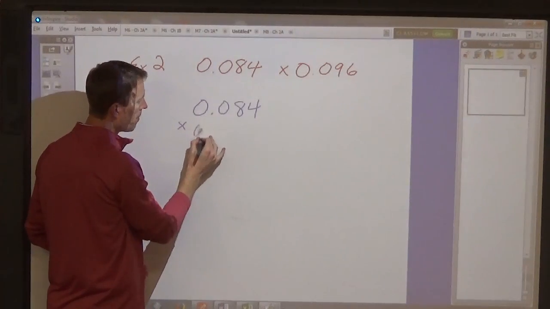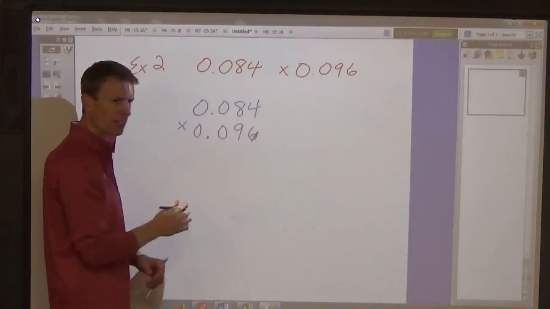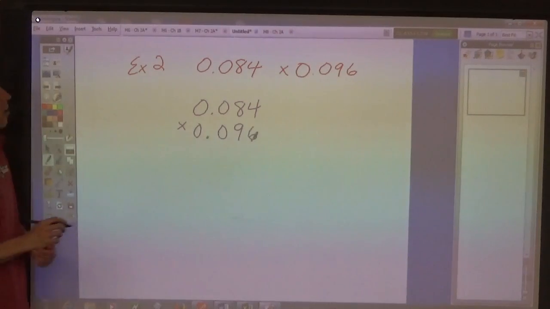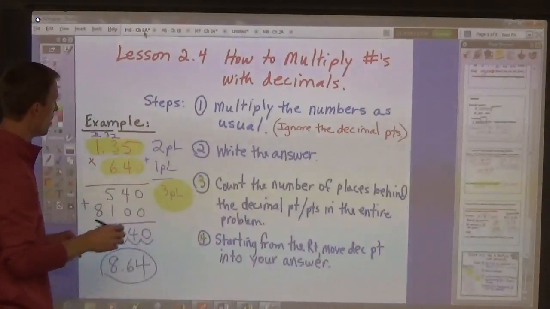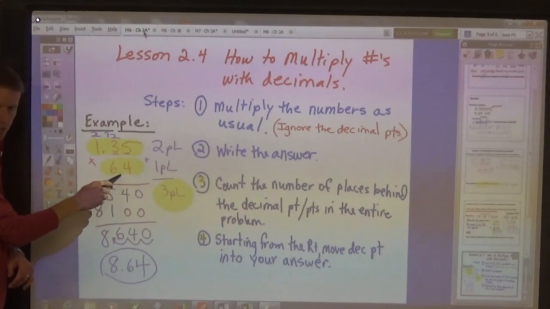Do I have to line up the decimal points? Is it important to line up the decimal points when you're multiplying? No. Go back and look at the first example. Did I line up this decimal point with this decimal point? No, it's not important.